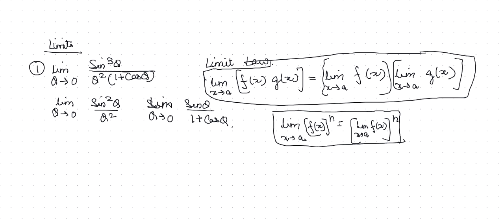So we'll use the same here. The limit as theta tends to 0 of sine theta over theta squared can be written like this, and this is the limit as theta tends to 0 of sine theta over 1 plus cos theta.